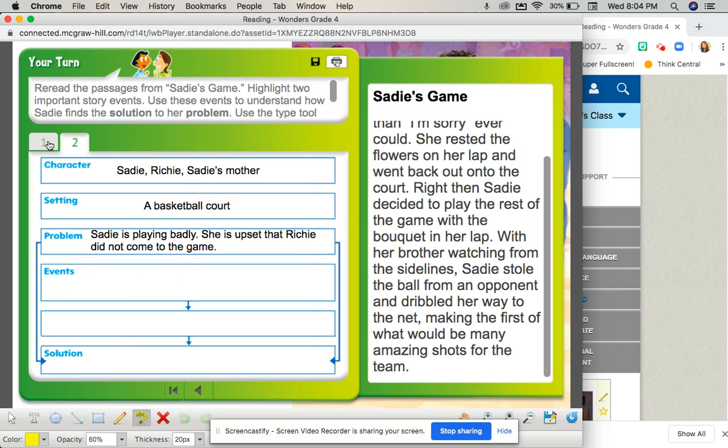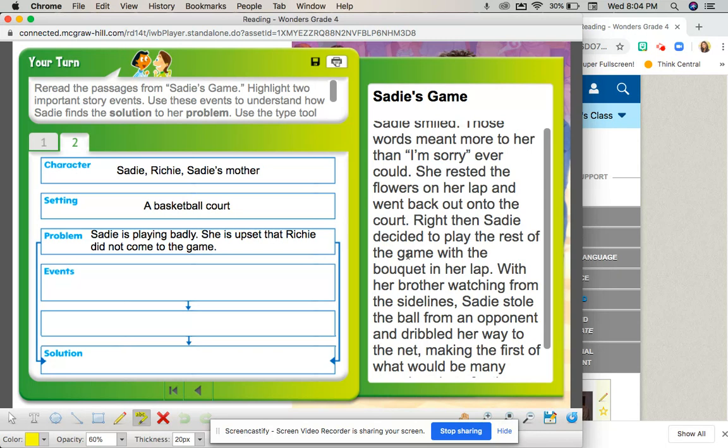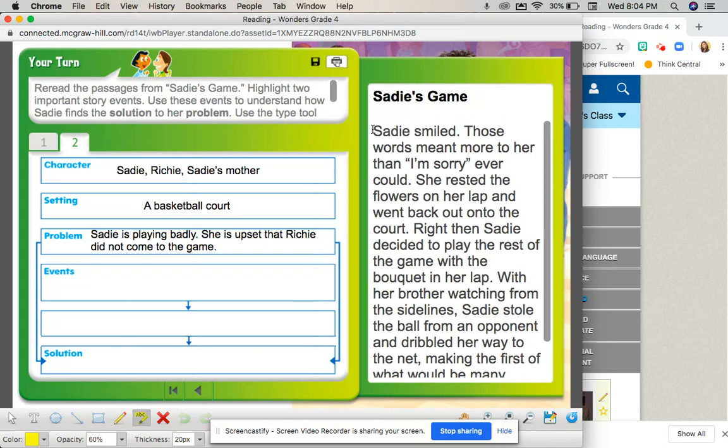So I want to make sure that my second event is different than my first. The first one was Sadie took Richie's advice to play well on the basketball court. I know here it says Sadie smiled, so I know she felt happy. Those words meant more to her than just an I'm sorry.